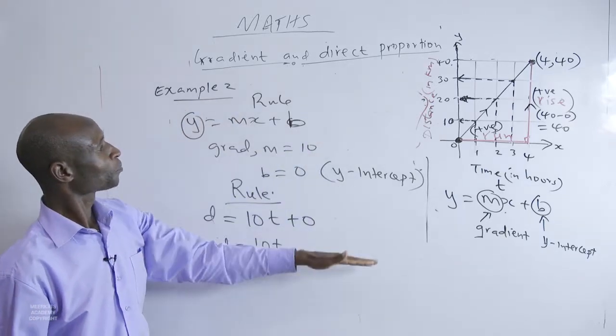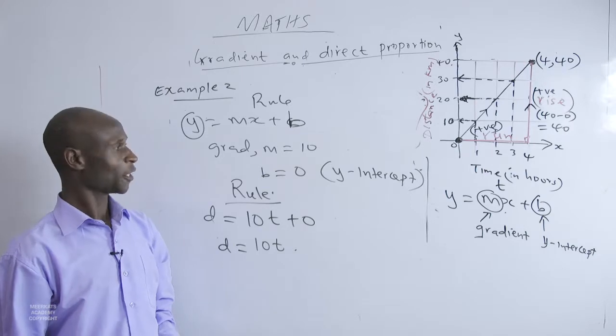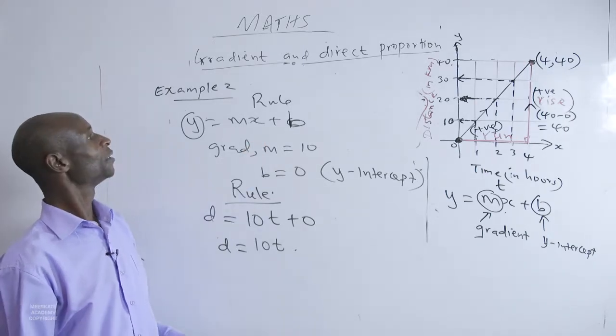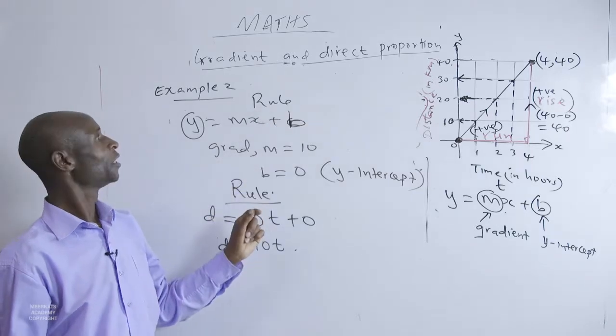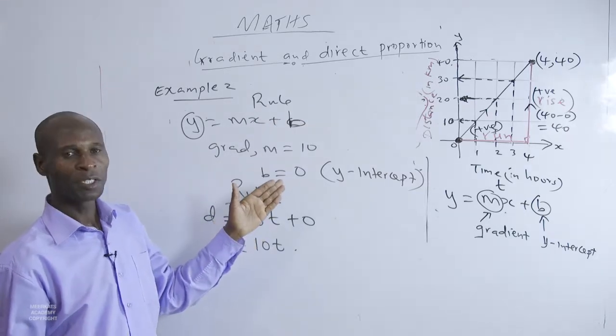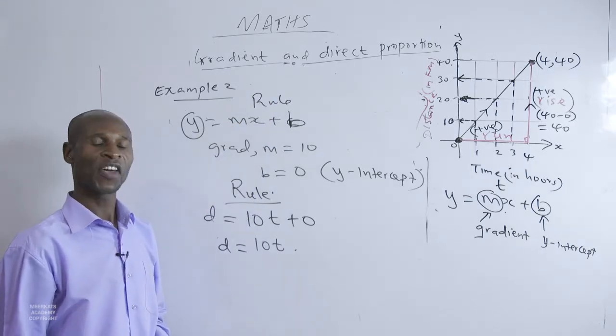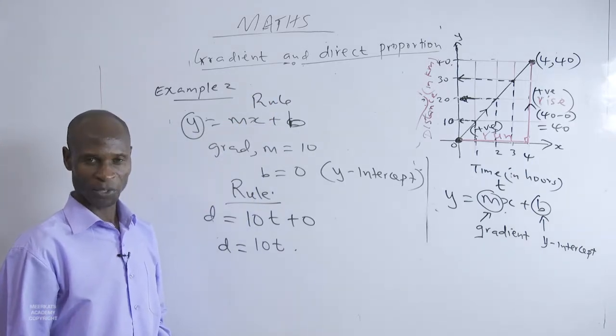Now, we have looked at gradient in this particular lesson. We have also looked at the relationship between that gradient, direct proportion, and the rate of work problems.